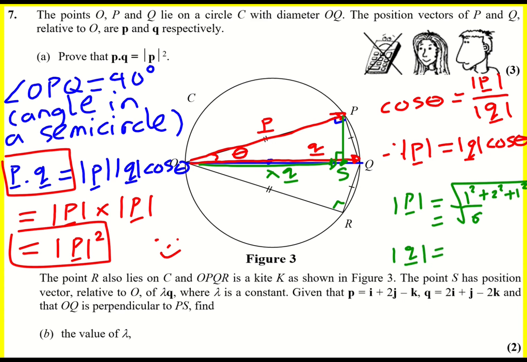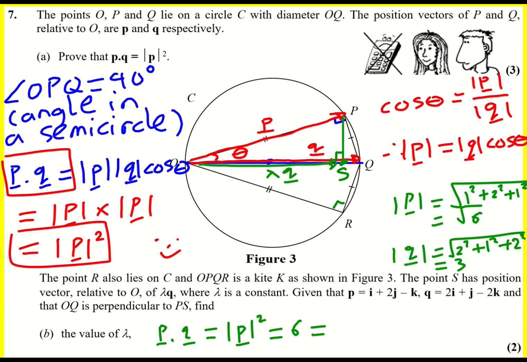Whilst the magnitude of Q is 2 squared plus 1 squared plus minus 2 squared. Again, we can just write 2 squared. So that will be 3, because 4 plus 4 plus 1 is 9. So P dotted with Q is equal to the magnitude of P squared from part a, which will equal 6.